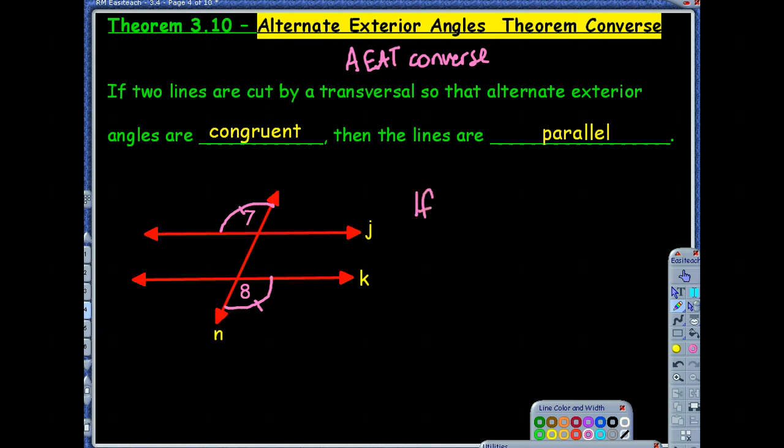If we know that angle 7 is congruent to angle 8, then we know that line J is parallel to line K. Notice how the picture is labeled with what was given to us. Always label with what you're given. As you progress through a proof, if you want to label more, like if lines J and K being parallel helps you with future steps, then you would label it. But since that's where we were stopping, you don't need to have it there always.